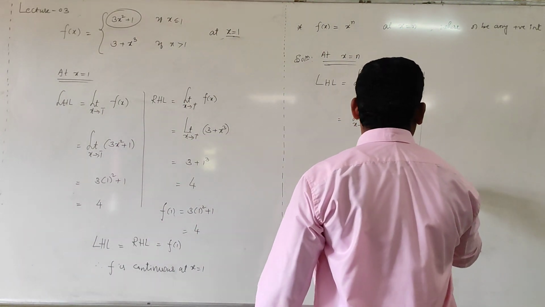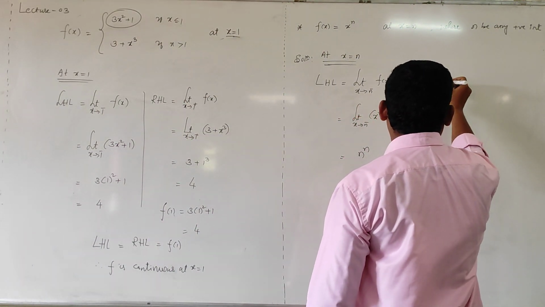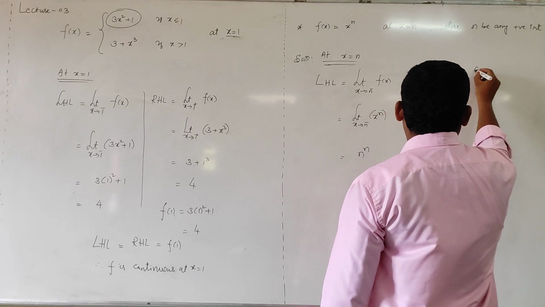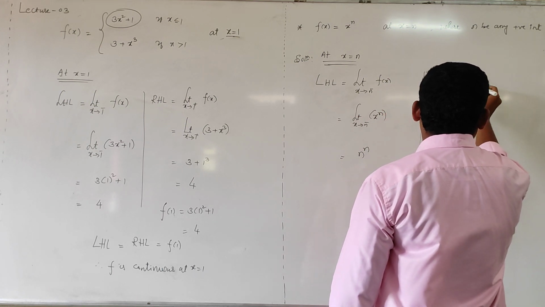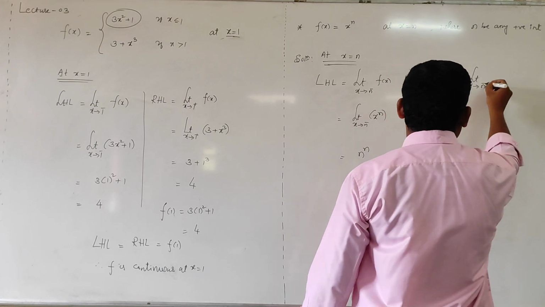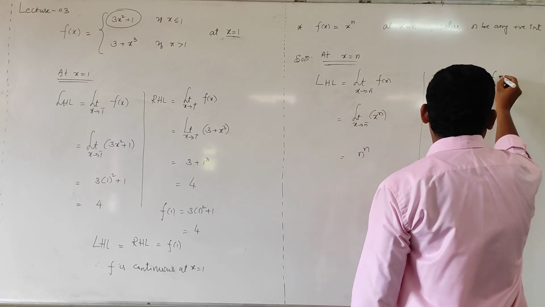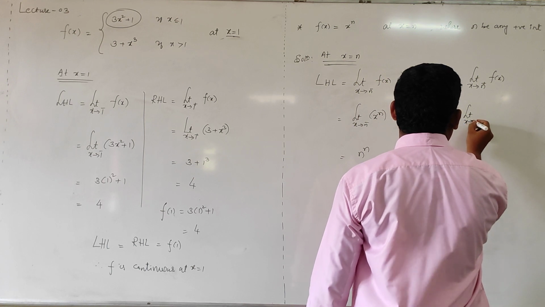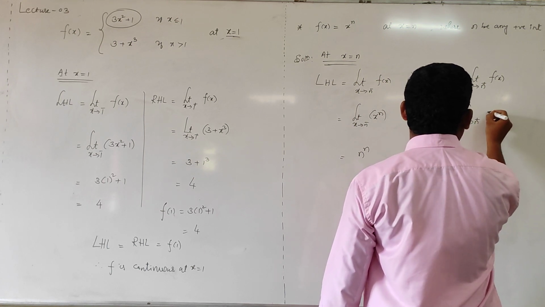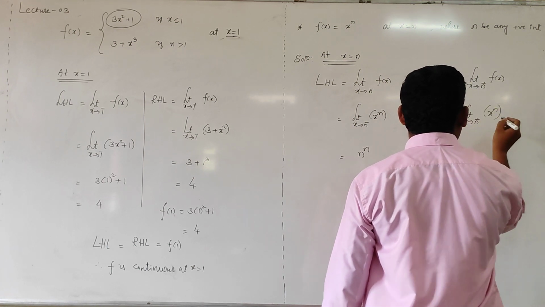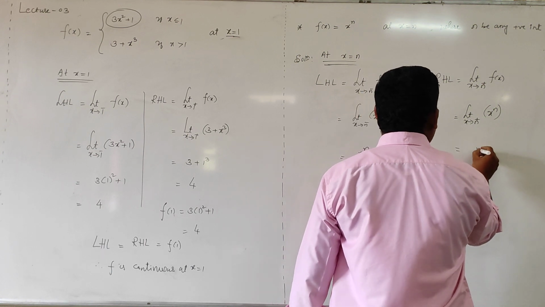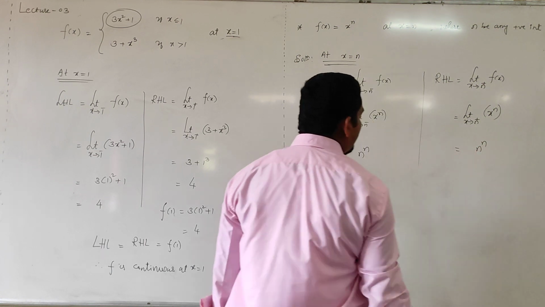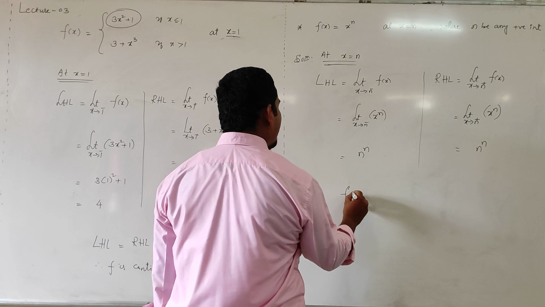Similarly, evaluate right hand limit RHL, right hand limit notation limit x extending to n plus f of x, then limit extending to n plus, our f of x is x power n only for all. Then put x value n, then n power n. After that, what is f of n?